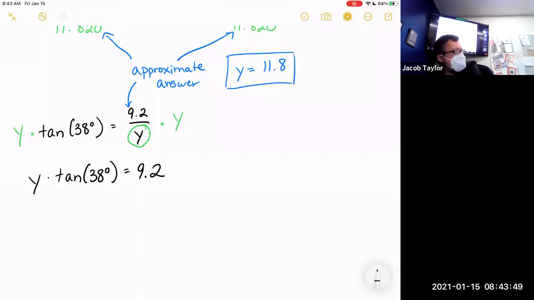I don't need the multiplication symbol in there. I just think it would look weird without it because it'd be y tan. It's 100% correct. It just would look a little weird. Let's do this last step. What's the last step of the problem? By doing what?